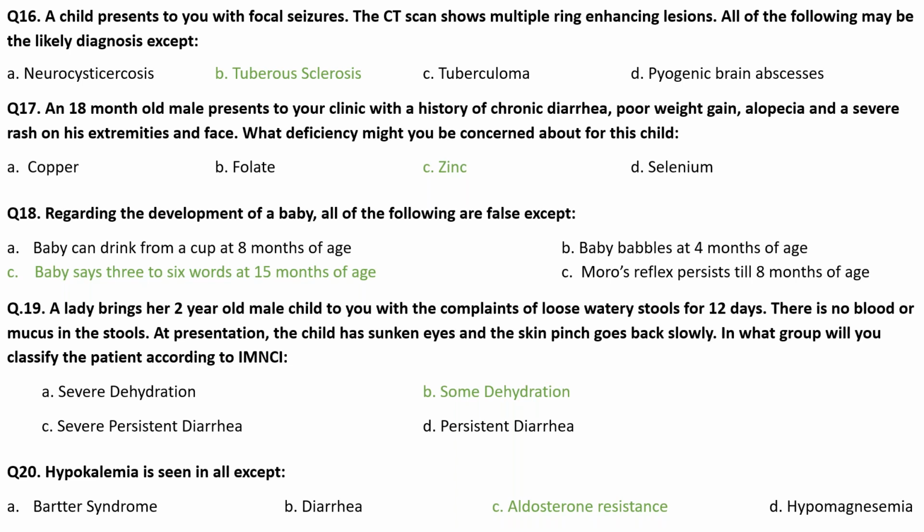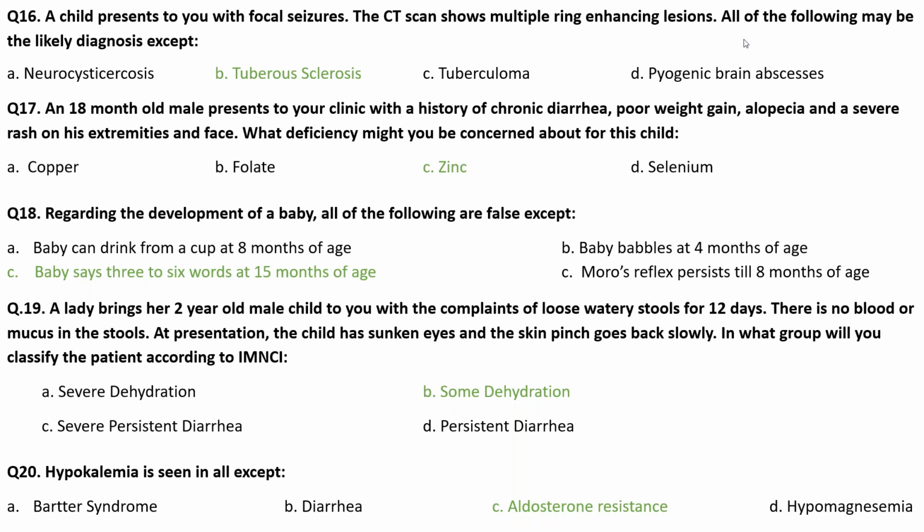We have multiple neurocysticercosis also. Ishika, you must have heard of starry sky appearance. Yes, sir. That is multiple neurocysticercosis, multiple small ring enhancing lesions, right? That is starry sky appearance, which is seen in neurocysticercosis, right? Okay, thank you, sir.